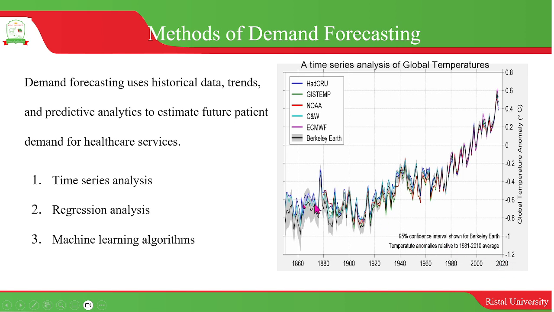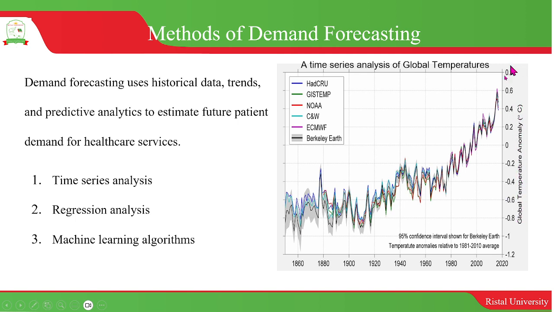Now, let's look at the pattern of the graph. Generally, it has a positive slope, telling us that continuously our activities are contributing to increased concentration of carbon dioxide in the atmosphere. What we have here is the global temperature.